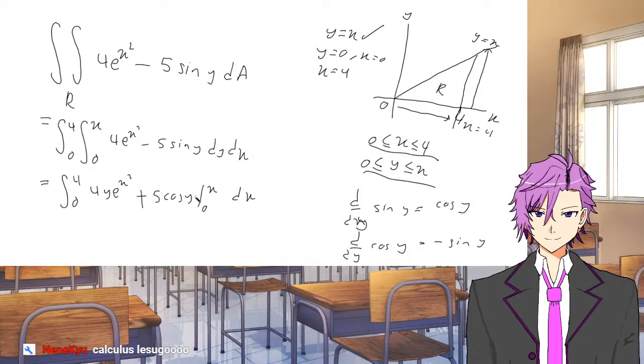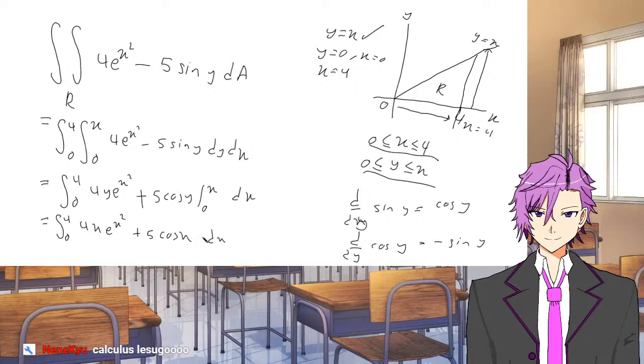So we've integrated the y's. This will become from 0 to 4, 4x e to the power of x squared plus 5 cosine x dx. Oh yeah, now I remember.